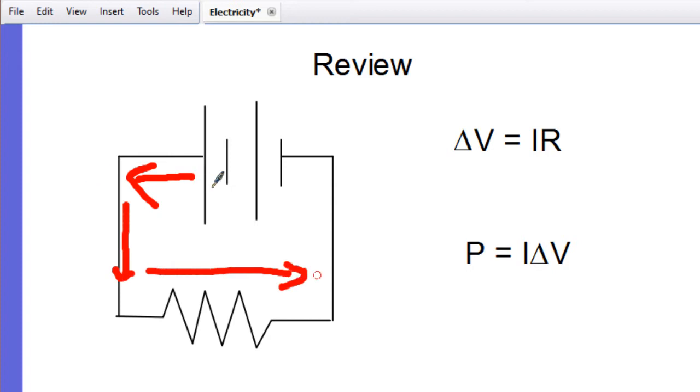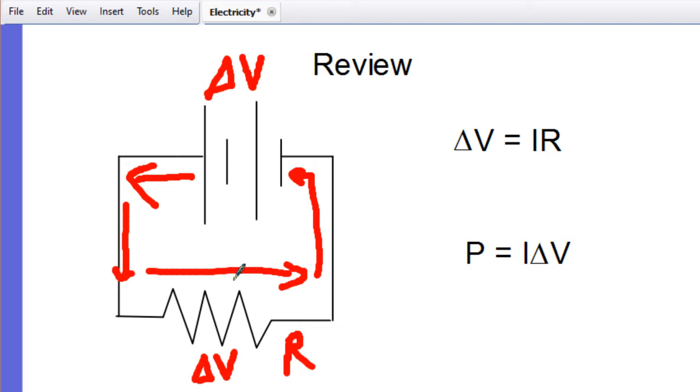All of the current goes through the resistor, and if we know the resistance of that resistor and the voltage of the battery, which gives us the voltage lost by the resistor, if you recall, then we can find the current. And once we have the current and the voltage lost by that resistor, we can solve for the power of that resistor.